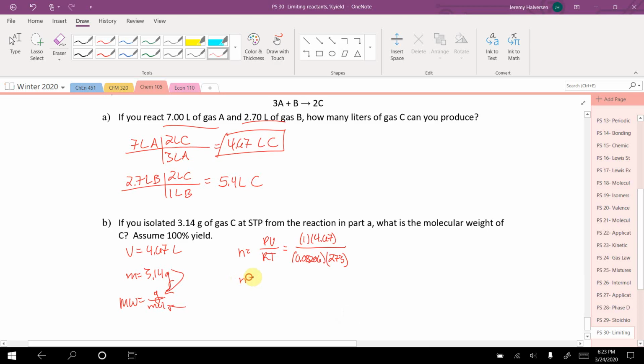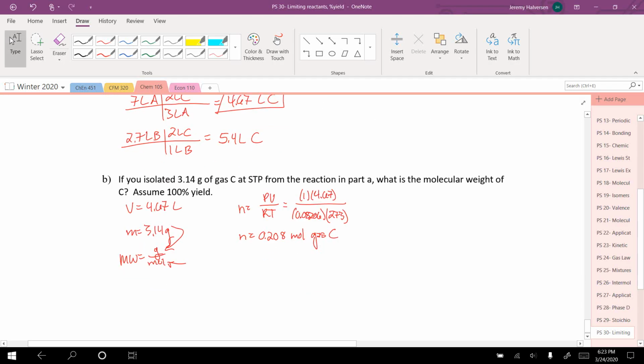So that gives me 0.208 moles of gas C. So my 0.208 moles weighs 3.14 grams, so my molecular weight is going to be 3.14 grams divided by 0.208 moles, which gets me a molar mass of 15.1 grams per mole.